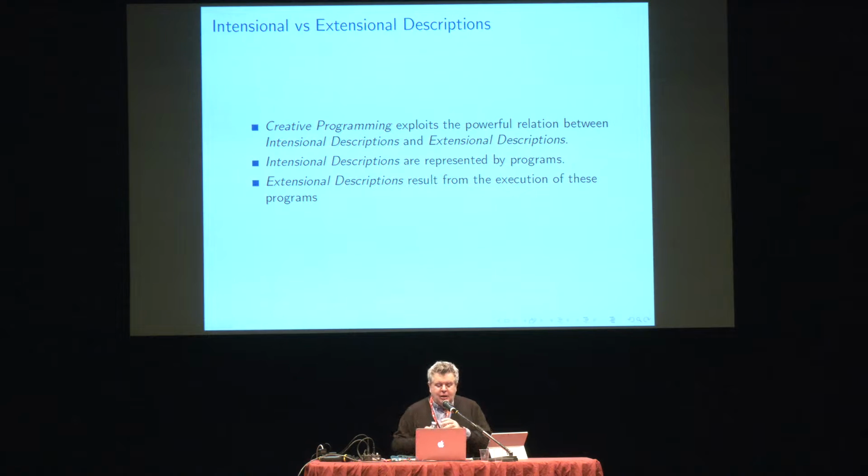In my view, creative programming exploits the relation between intensional and extensional descriptions. What I mean by extensional description of a sound, for example, is just the collection of samples of that sound.